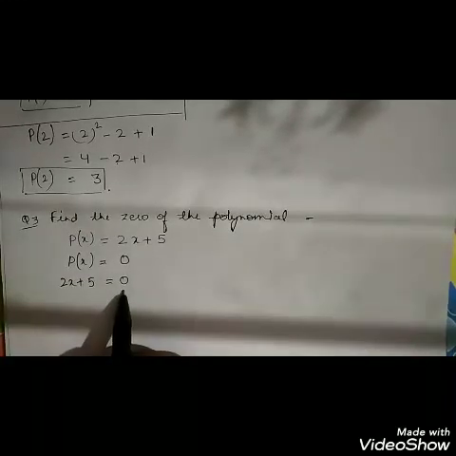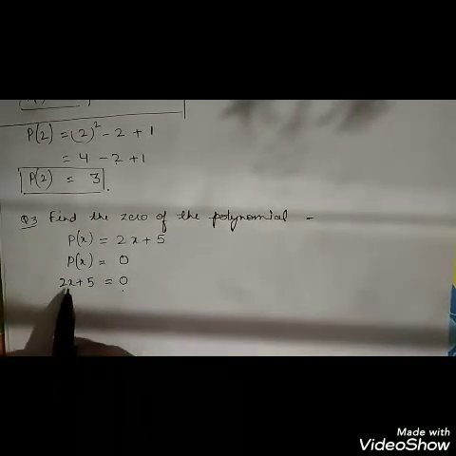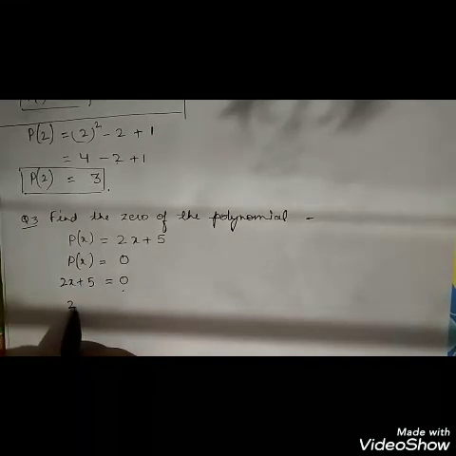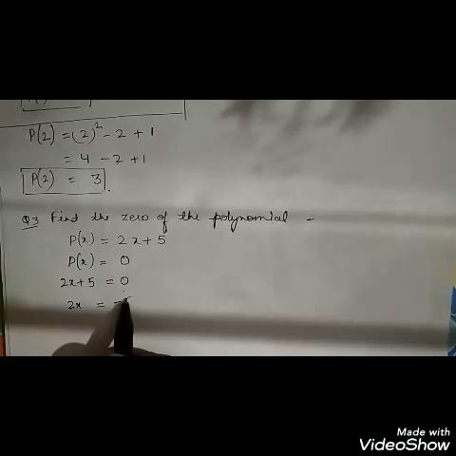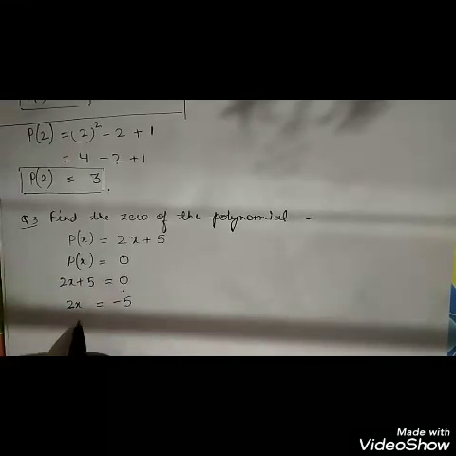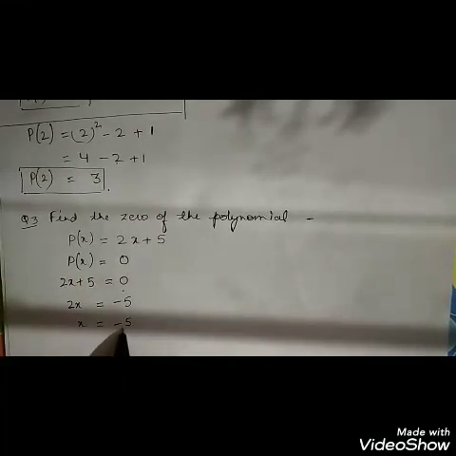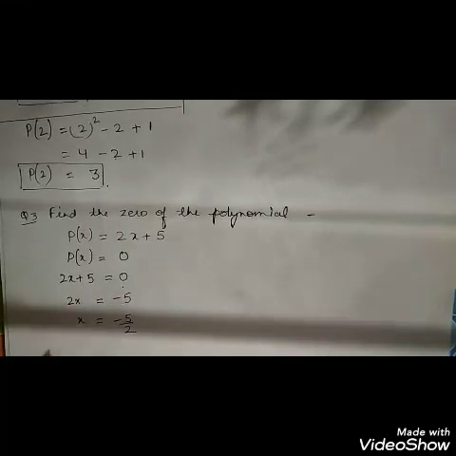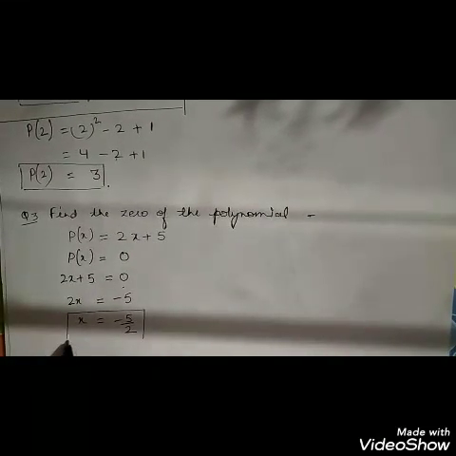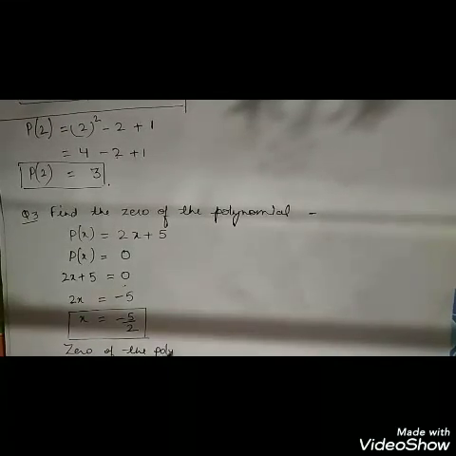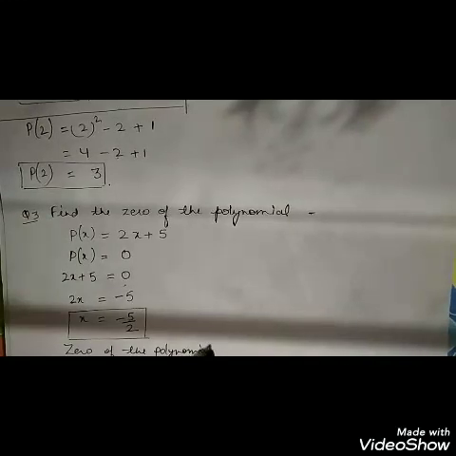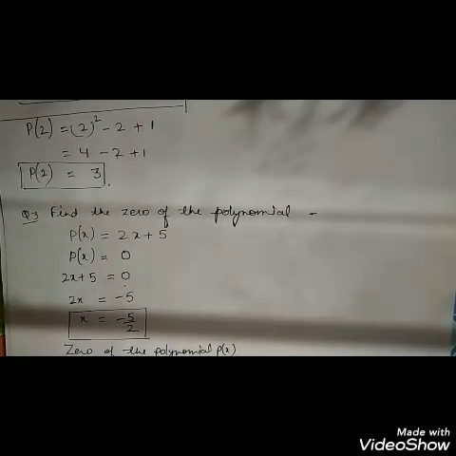This is the polynomial equation. Now we will solve it for x. 2x = -5 and x = -5/2. So this is the 0 of the polynomial p(x).